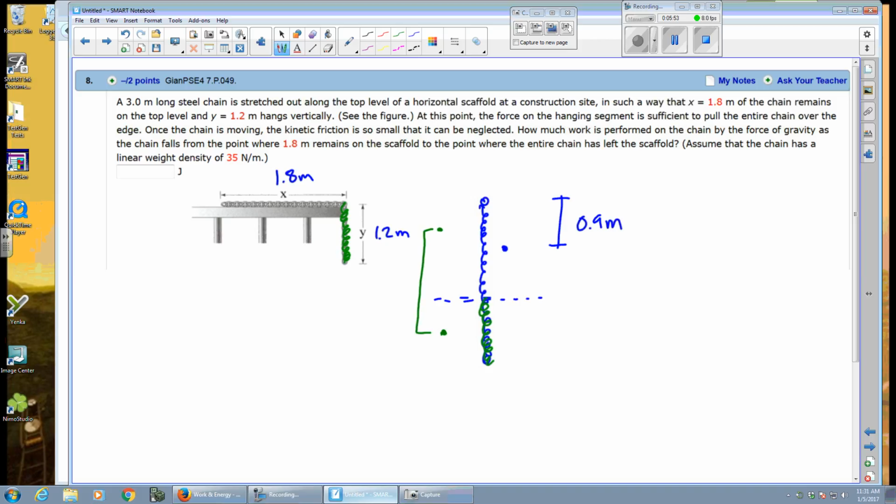So it's 0.6 and 0.6, so it should have moved 1.8 meters down. It started off 0.6 below the level and moved down till it's 0.6 above the final. So that'd be a movement of 1.8.